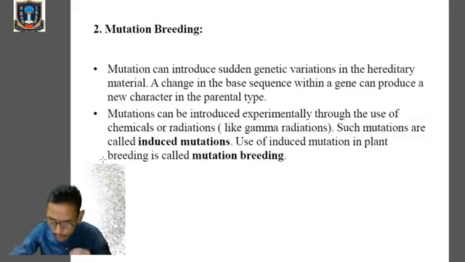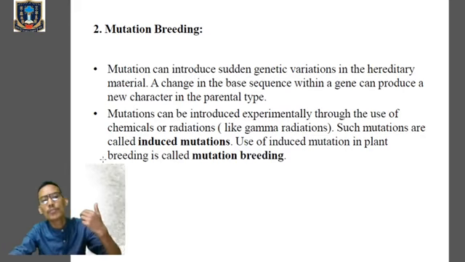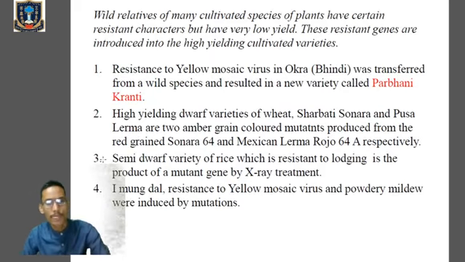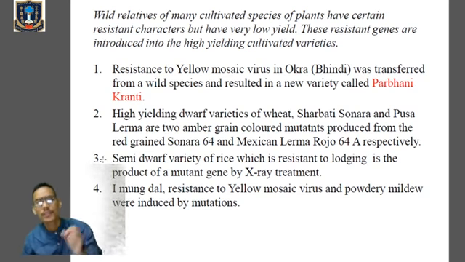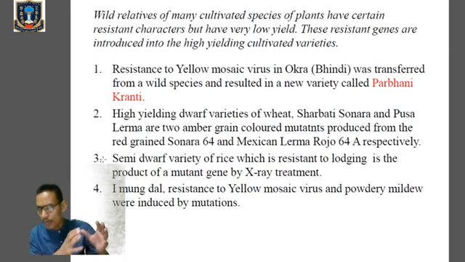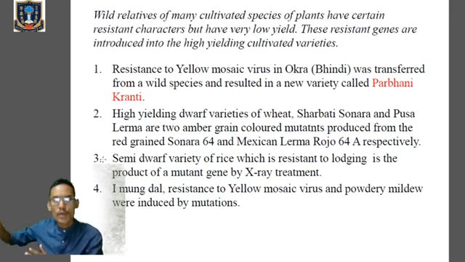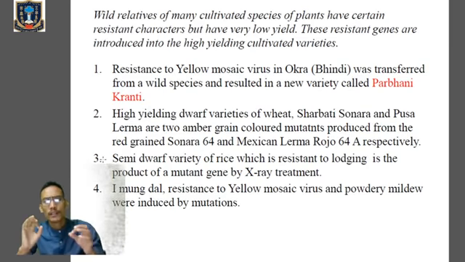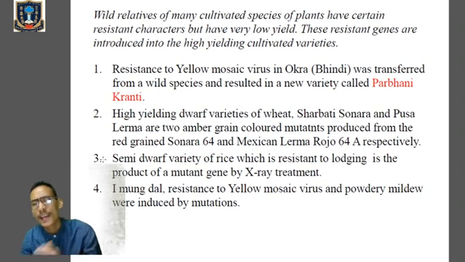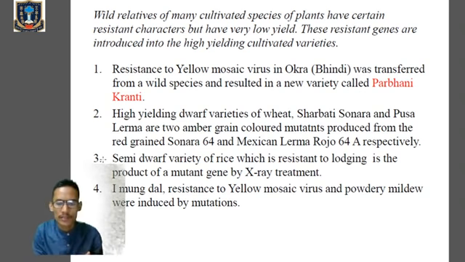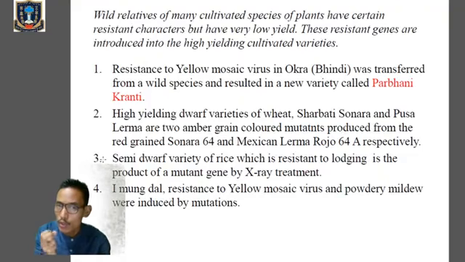Okay, in which particular category are we using mutation breeding? Wild relatives of many cultivated species of plants have certain resistance character but a very low yield. What we are saying is that the plants we are domesticating right now have got wild relatives. Those wild relatives have certain resistant characters. They are resistant to pests or diseases, but they have very low productivity.